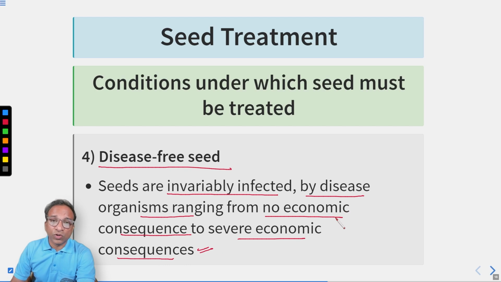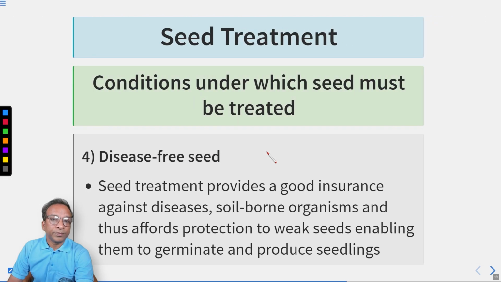Sometimes the disease is not so severe, but sometimes all the seeds are affected, so they affect our economy. So it is very important to get checked that our seeds are disease free.